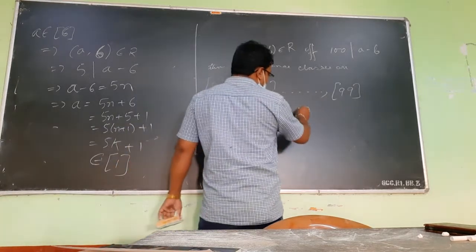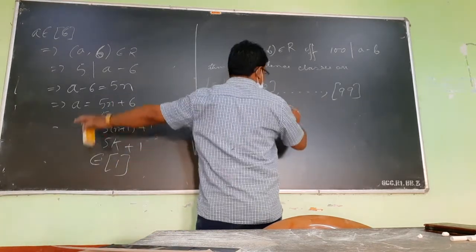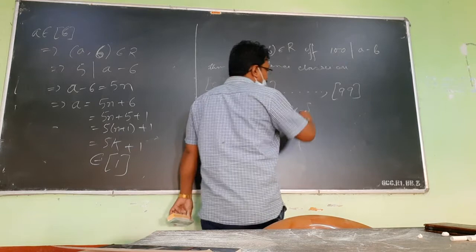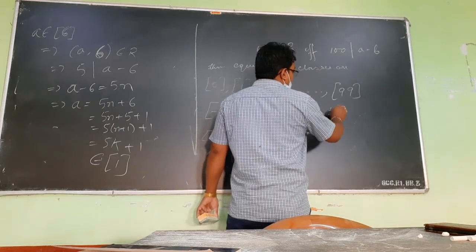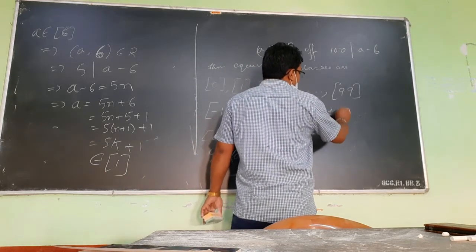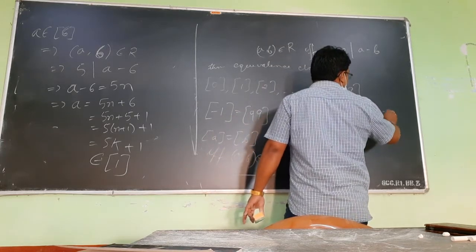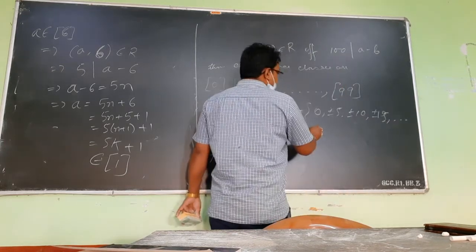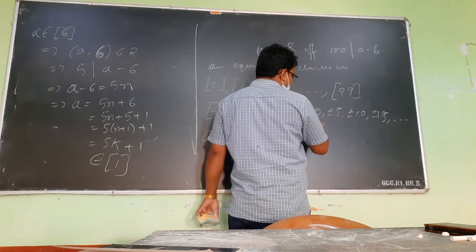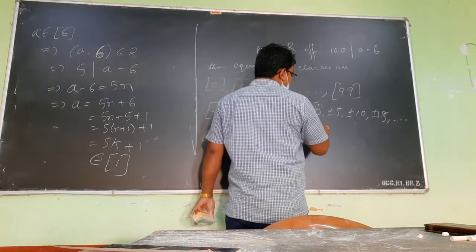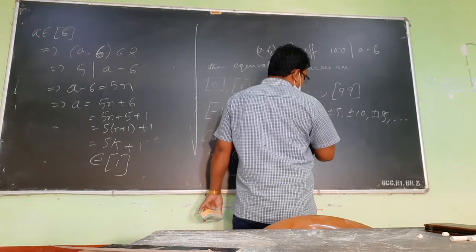So the set of integers, as you can see, we can group into equivalence classes. Plus minus 5, plus minus 10, plus minus 15, like all multiples of 5, I can group here. These are of the form 5n. I can group others like 5n plus 1, 5n plus 2.